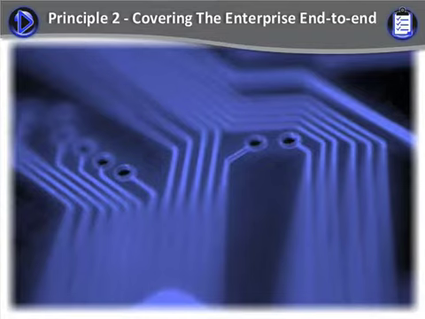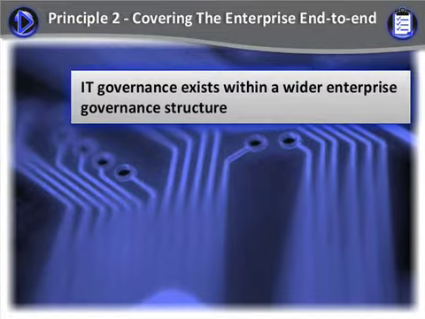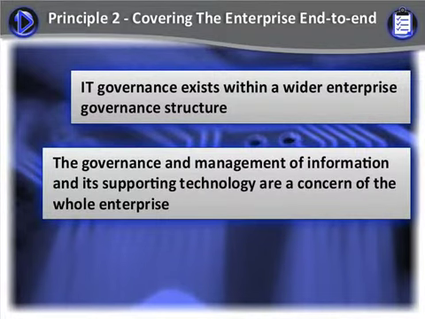Principle 2 is covering the enterprise end-to-end. COBIT 5 is specifically about IT governance, but of course, the wider enterprise has a governance structure that IT is a part of. Information and its supporting technology are assets of the whole enterprise. The governance and management of these assets are therefore a concern of the whole enterprise.